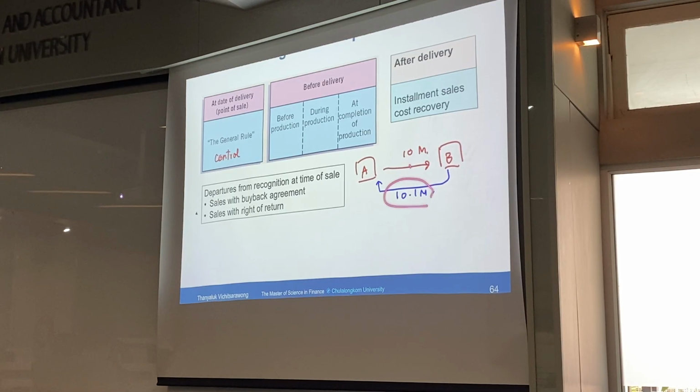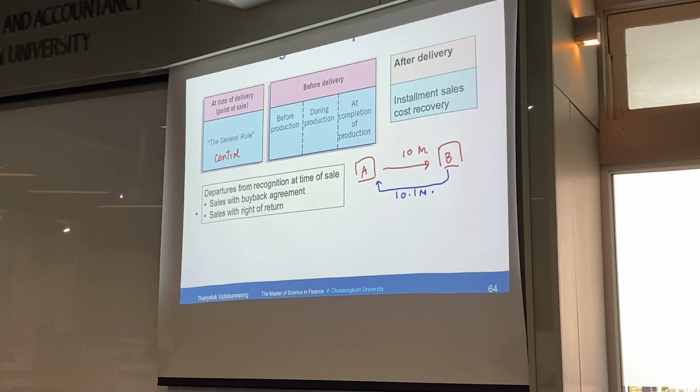Let's say you sell at 10 million, you buy back at 10.1. Is this a real sale? No, what is it? Borrowing, yeah, it is a borrowing. It's like a borrowing, and you have inventory as collateral. And then later on you pay back with interest. That's why you buy back at a price higher than the selling price.